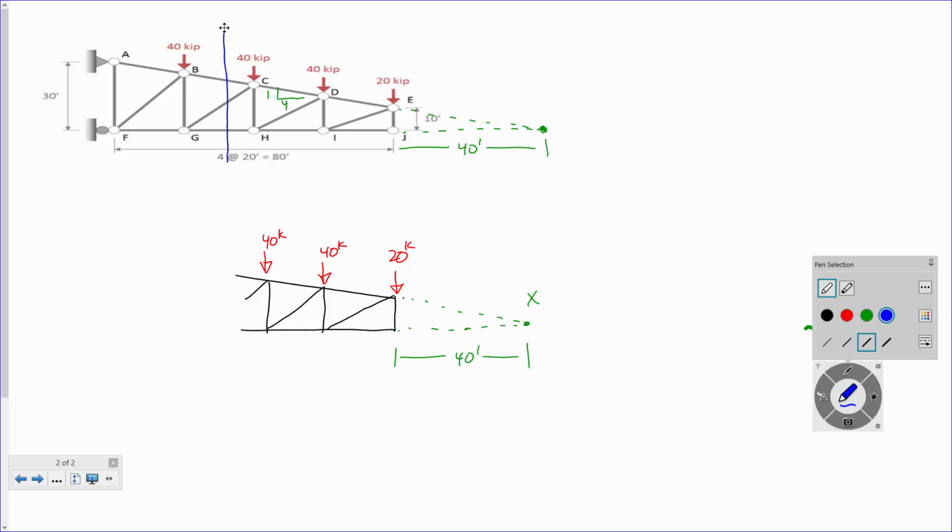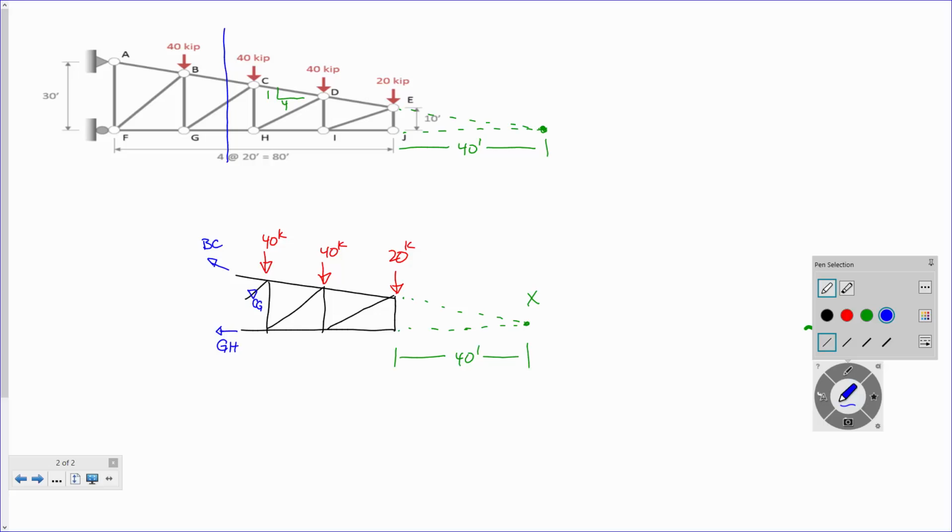Okay, now let's start writing our unknown forces. So now we've got this GH, but that's going to go right through it, right? Okay, we've got BC, but BC is going to go right through it. Okay, now can I be just a little clairvoyant and assume that CG is in compression? Can I just be a little clairvoyant with that?